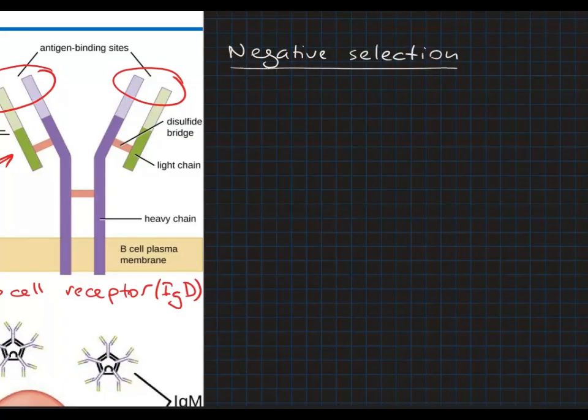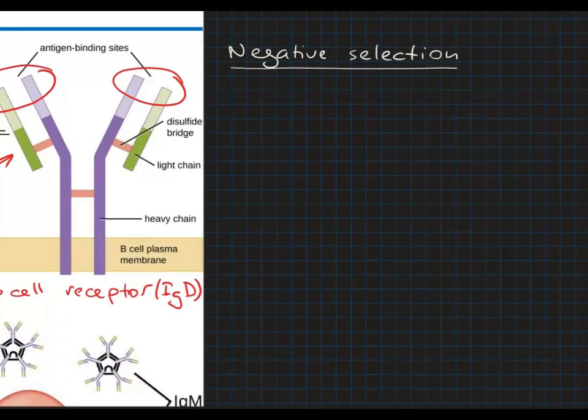Humans produce a fair number of different proteins and carbohydrates and other potential antigens. Right? Now, do you want any of your B cells to mount an immune response against your own antigens?